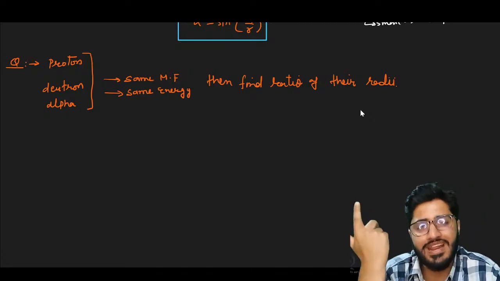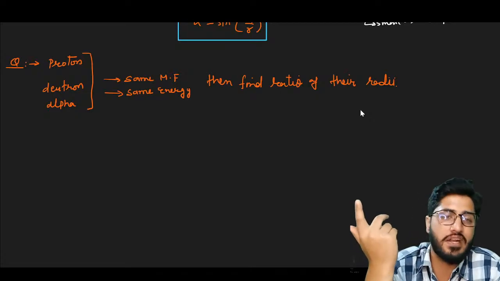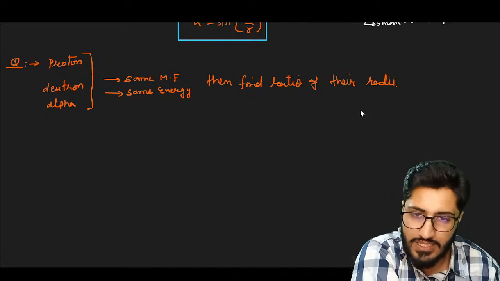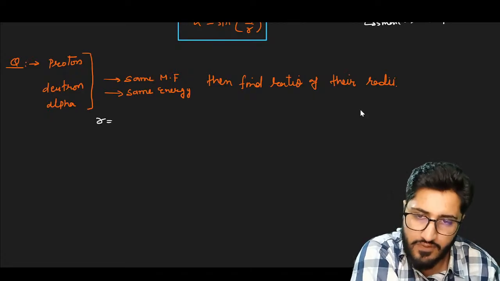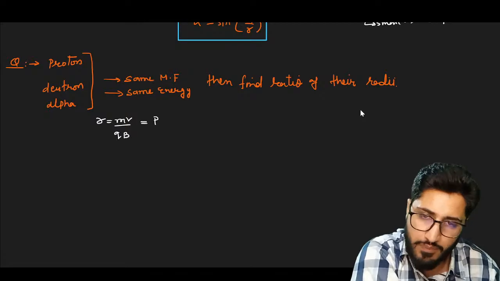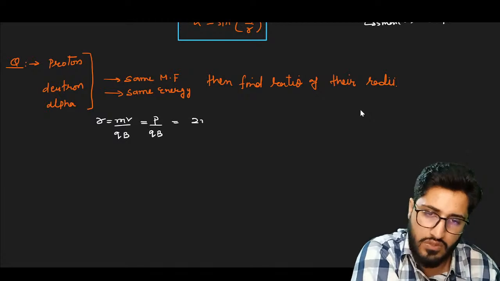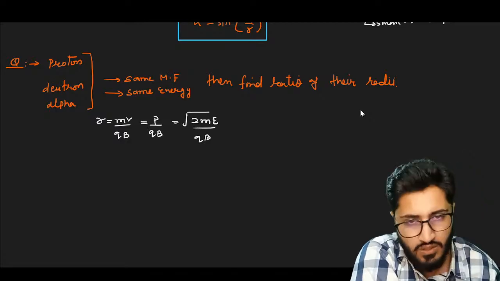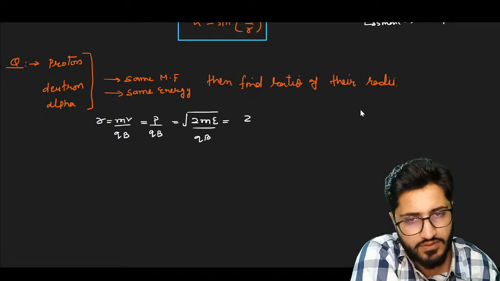Okay, sir. But we are having a couple of formulas to get the radii. Now, which formula do I need to use? We can write those formulas. R equals mv by qB, which equals P divided by qB, which equals root of 2mE divided by qB, which equals root of 2mqV divided by qB.